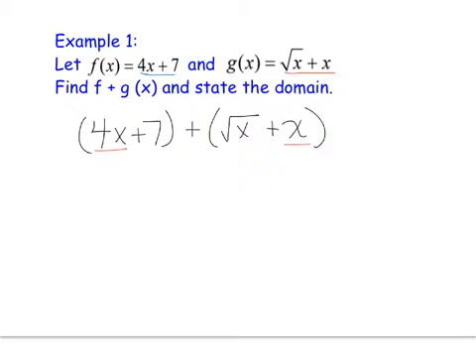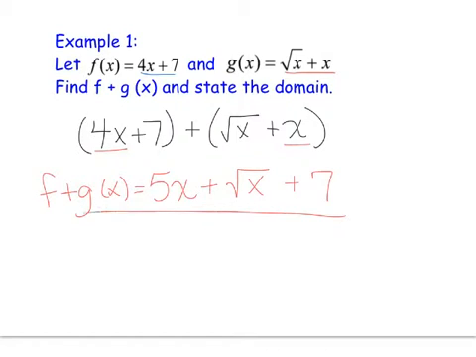So I'm going to combine 4 plus 1 to be 5x plus square root of x plus, I'll put my constant number 7 at the end. So f plus g of x equals 5x plus the square root of x plus 7. So this is the result of the addition of the f function and the g function.